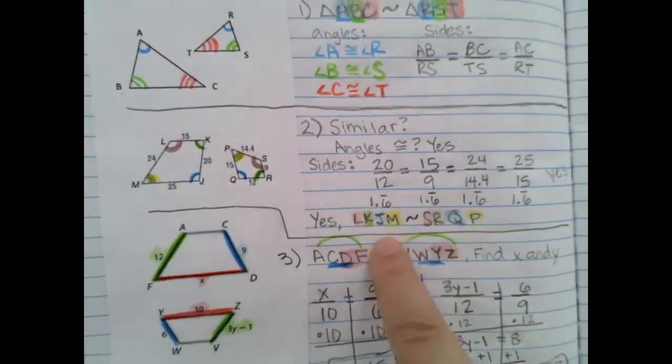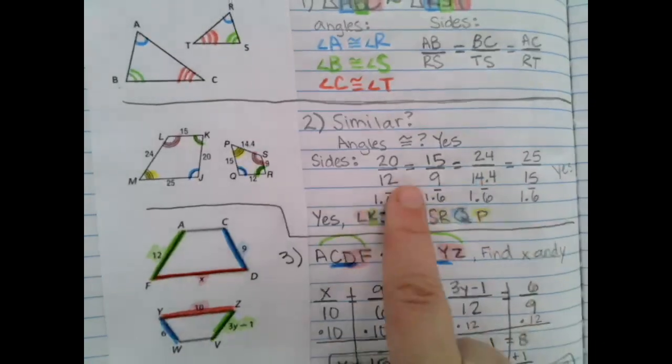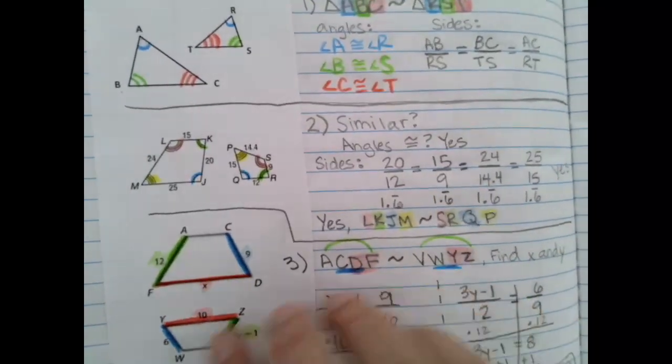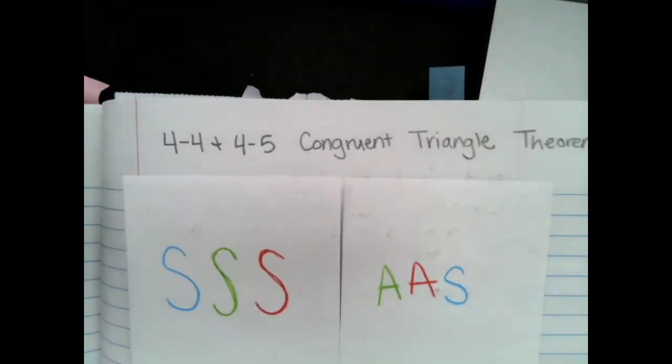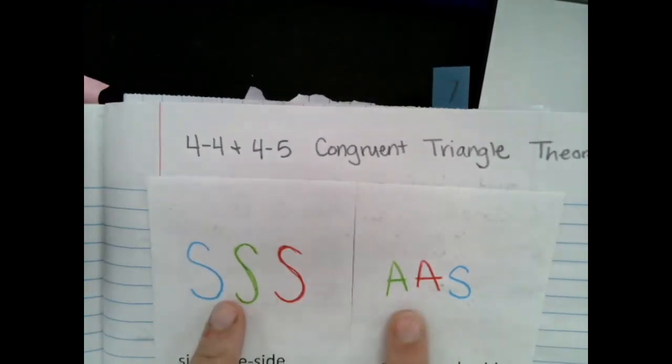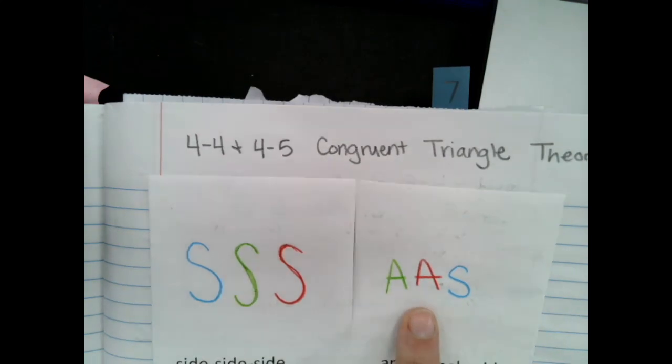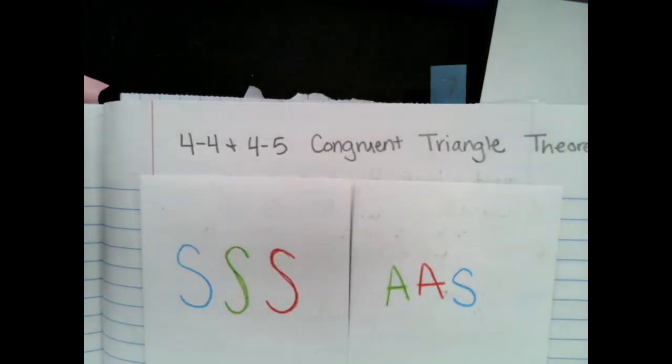All right, so rather than doing all of this work, there's a way to go through that faster. If we think back to chapter 4 with triangles, triangles get some special properties with theorems. So think back to chapter 4 if you have your notes. And we have these congruent triangle theorems. Kind of get a hint here with these top parts, side, side, side. What does AAS stand for? Angle, angle, side. What were the other ones?